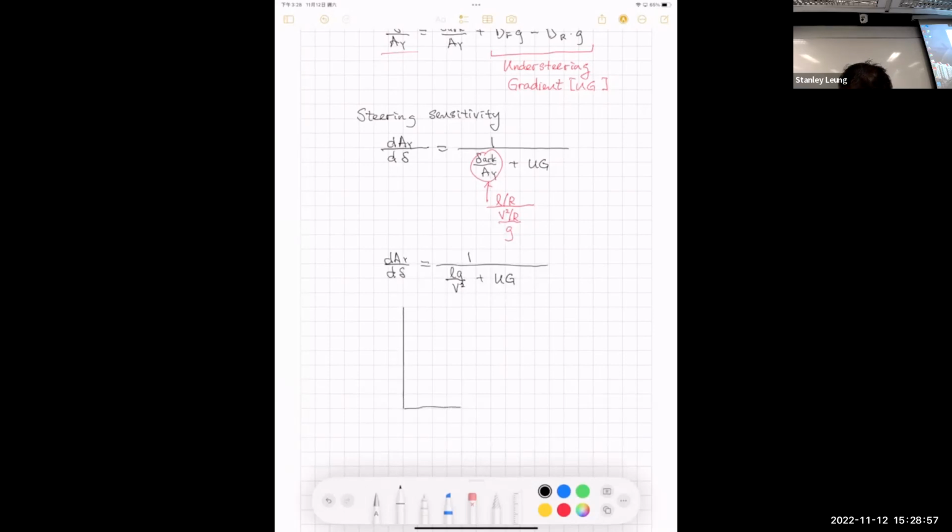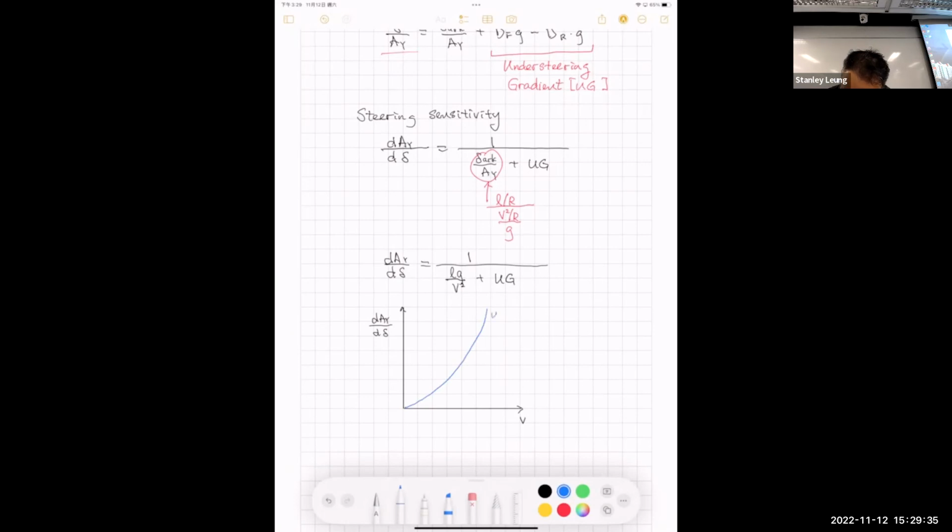If I put d AY over d del here, and this is my velocity, then d AY over d del versus V should give a parabola, right?